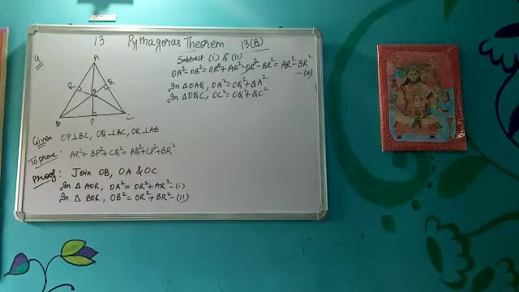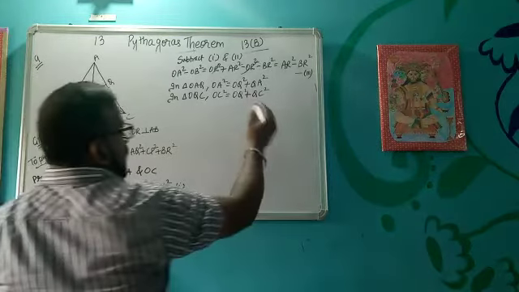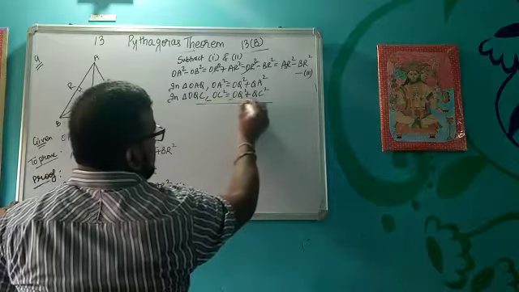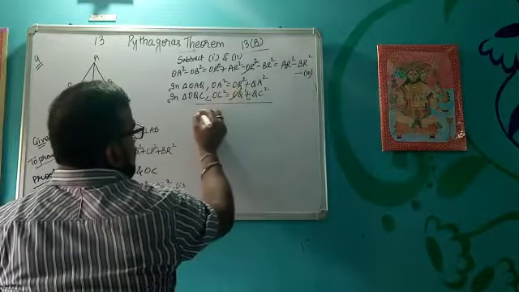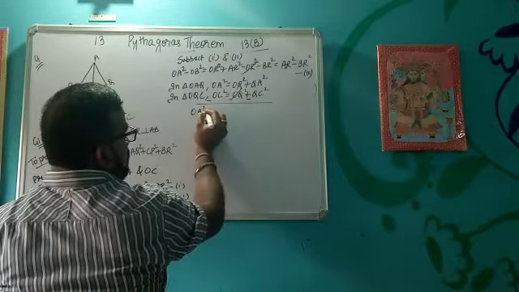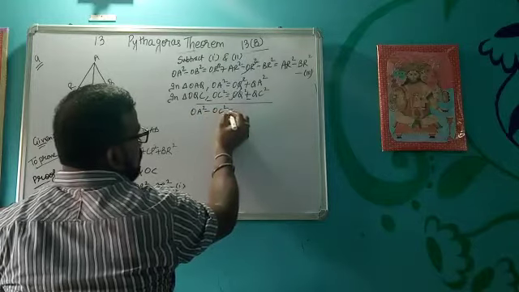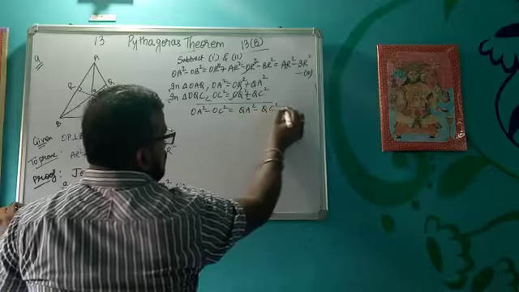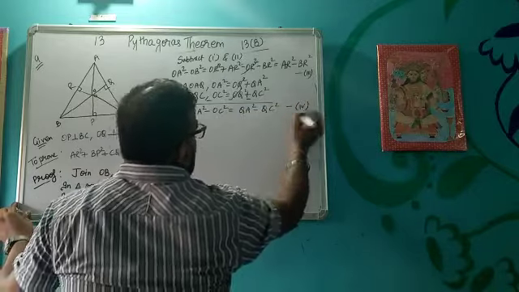Okay. So again we will subtract these two. So when we subtract, this will cancel. You will get OA square minus OC square equal to QA square minus QC square. This is our fourth expression.